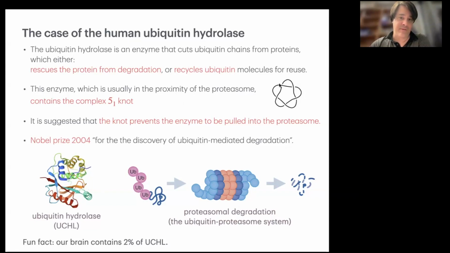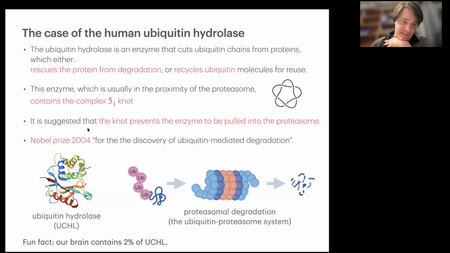And the 5-1 knot, it's suggested that it prevents the protein from being pulled inside because it's quite a compact, deeply knotted knot. So the knot itself has a structural advantage.